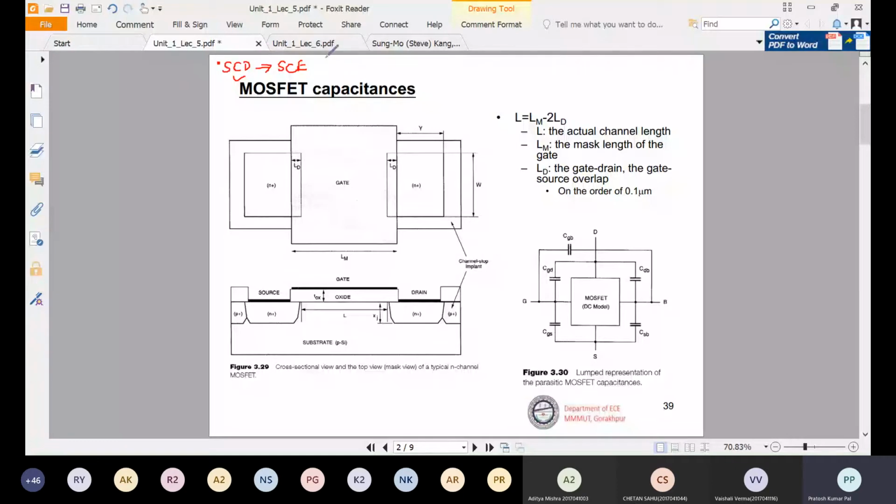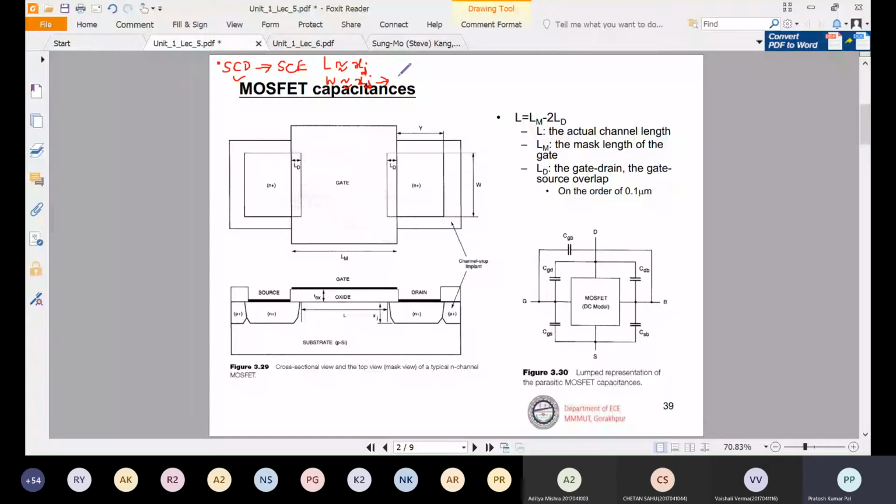If the length of the transistor is comparable with the depletion depth, xd, then it is considered a short channel device. And if similarly the width is of similar magnitude, it is called a narrow channel device.